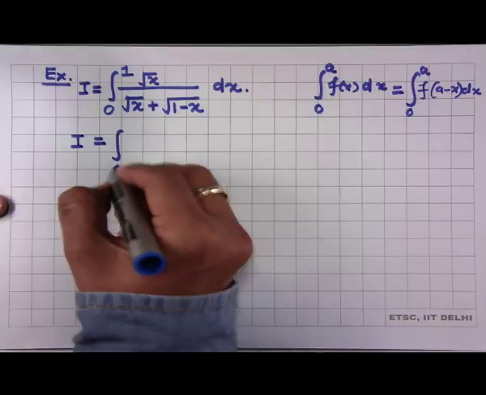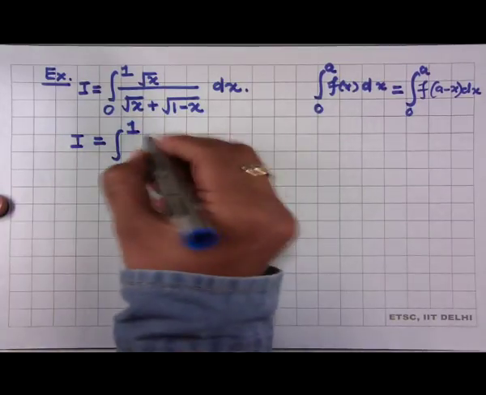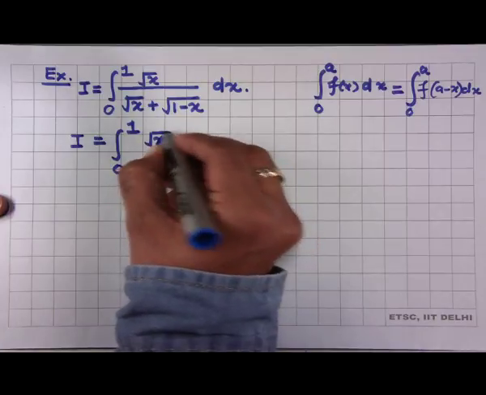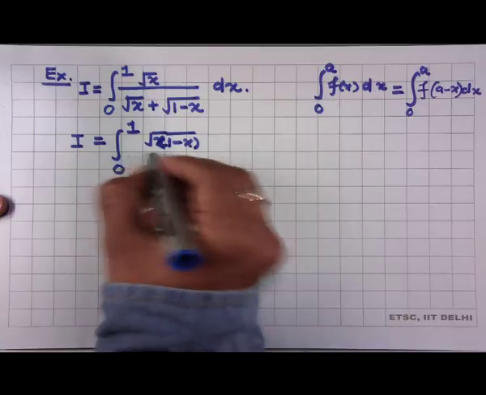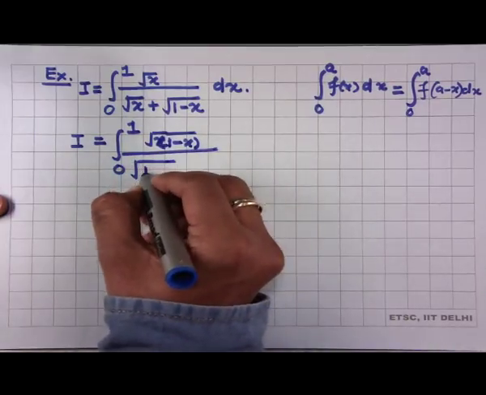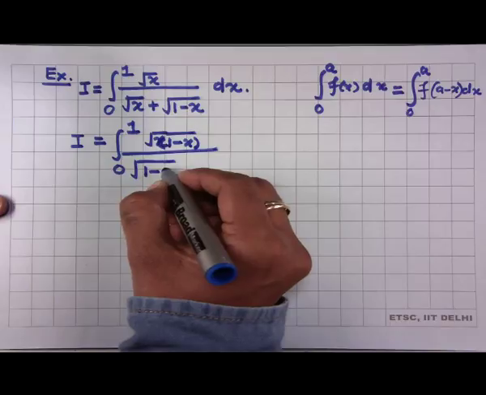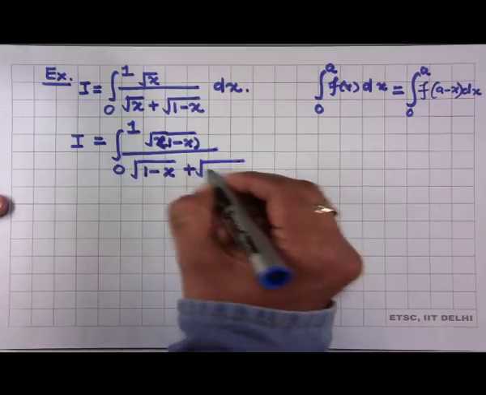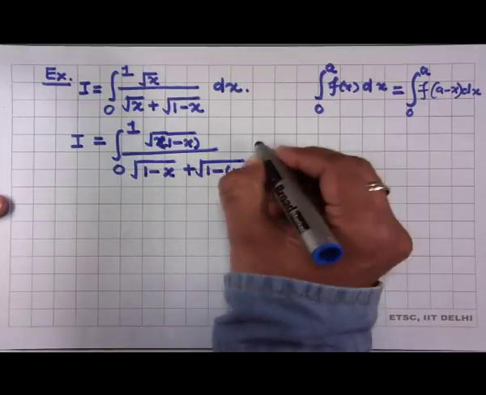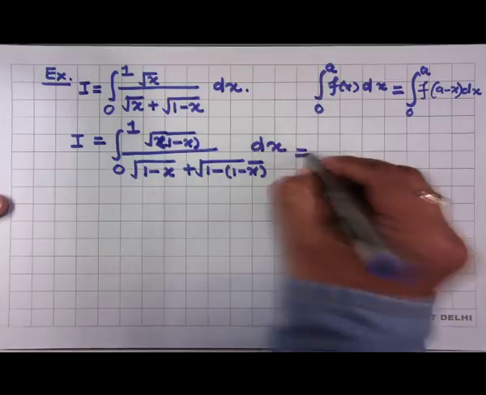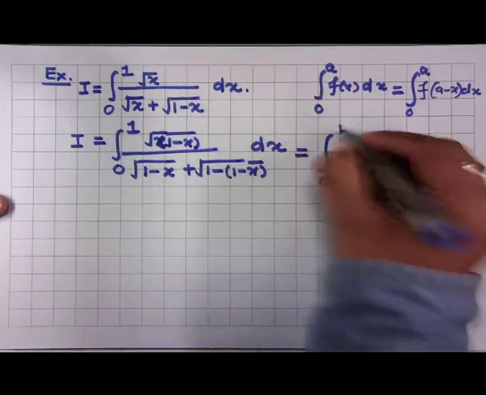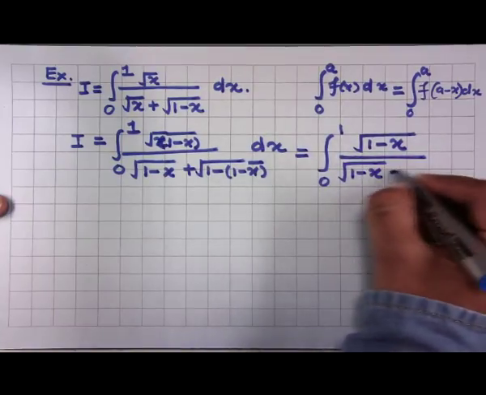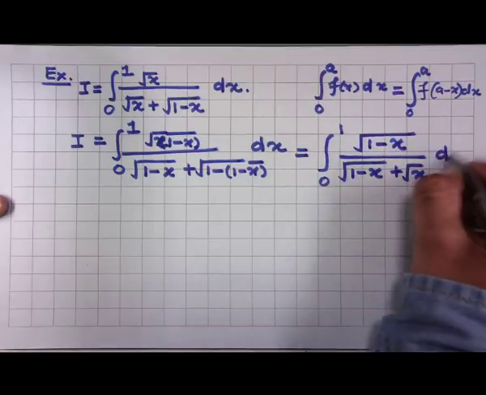I is equal to the integral from 0 to 1 of root 1 minus x over root 1 minus x plus root x dx.